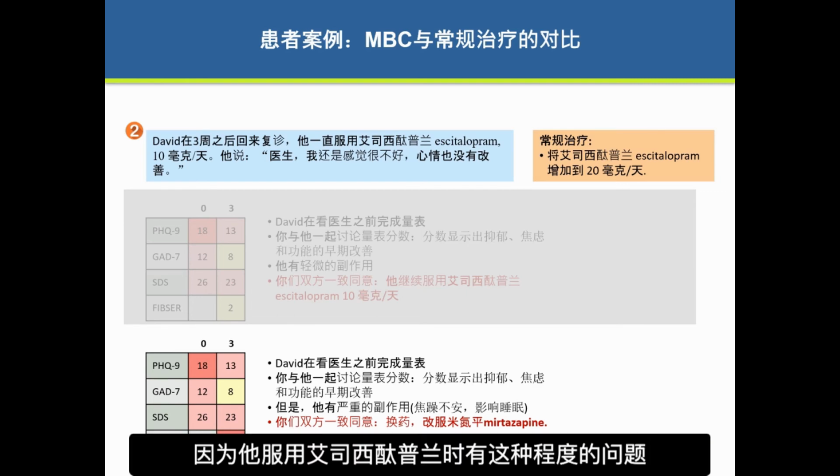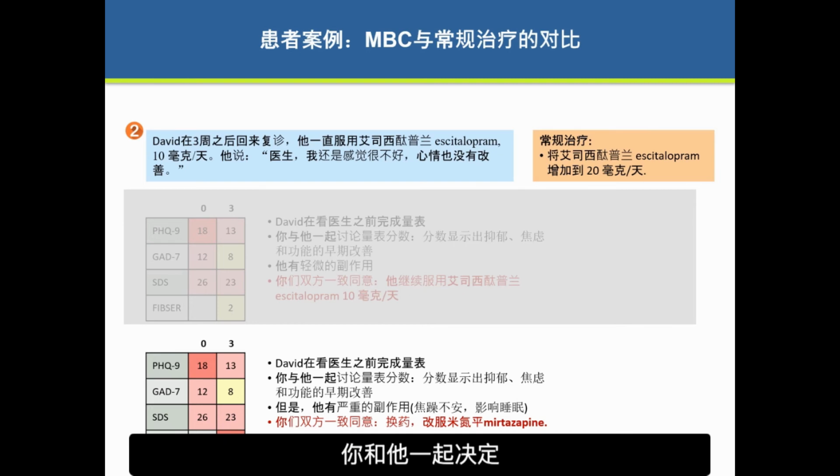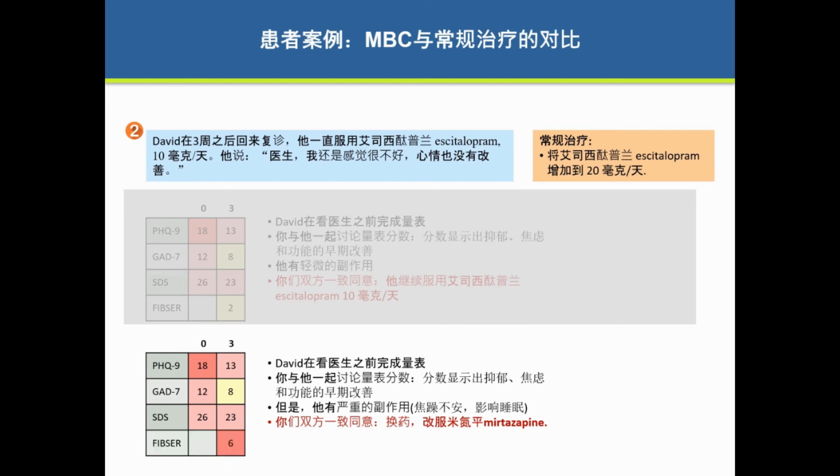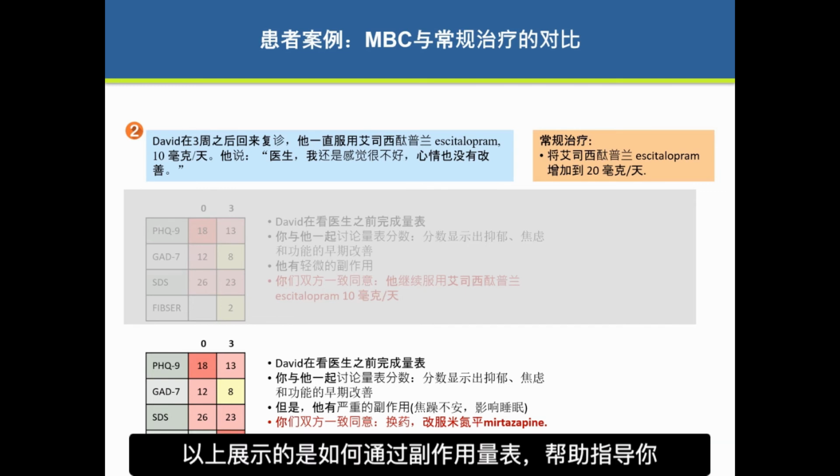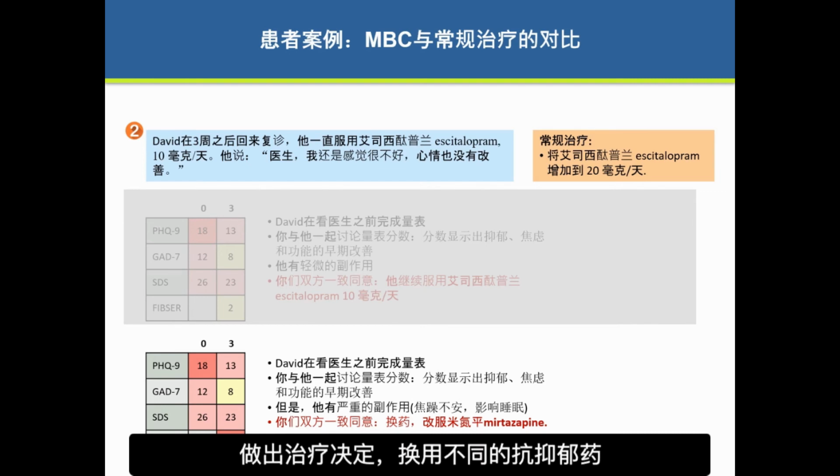So because he has this degree of problem with escitalopram, you decide with him that he will switch to another antidepressant, mirtazapine, which is a little bit better for sleep. So again, this is how having a side effect rating scale can actually help guide your treatment decisions to switch to a different antidepressant.